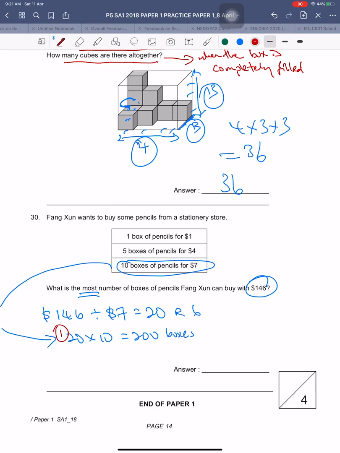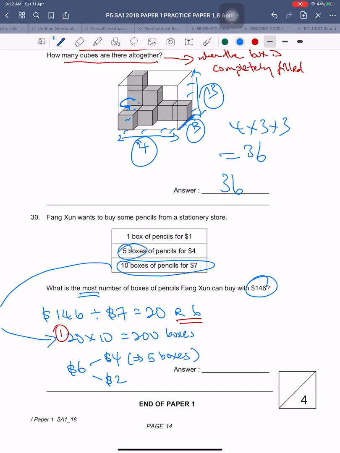Of course that's not the answer, because don't forget there's the remainder of 6. Remainder of 6. Out of the 6, that is the second part. For the 6, because 5 boxes cost only $4, we can divide the $6 into $4 and $2, because the $4 allows him to buy 5 boxes.